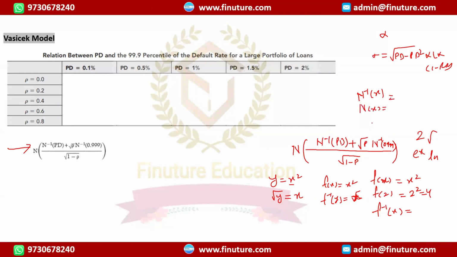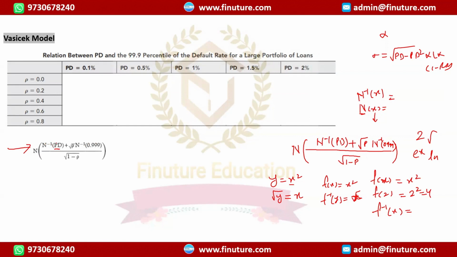When you talk about N of x, you are given a z value and you are trying to find a probability. That's the N function. And when you are given a probability, like in this case, and you find N inverse, that means you are trying to find a z value.